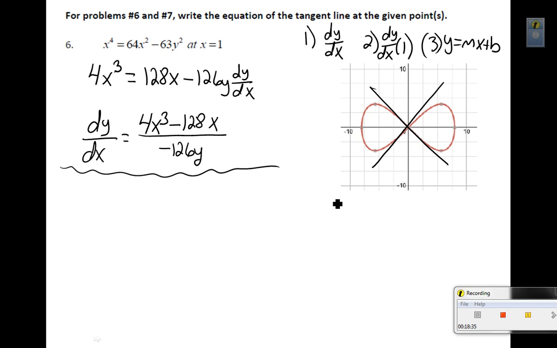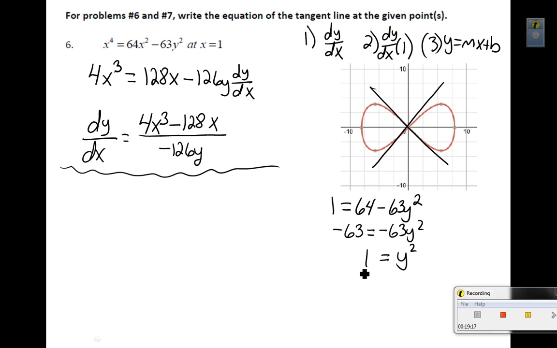So I got 1 to the 4th, so I got 1 equals 64 times 1 squared minus 63y squared. And I need to solve this thing for y. So let's subtract away 64. So I got negative 63 equals negative 63y squared. Divide both sides by negative 63 and get 1.